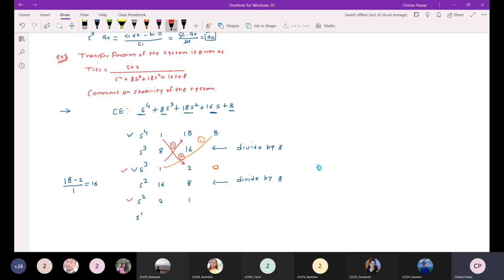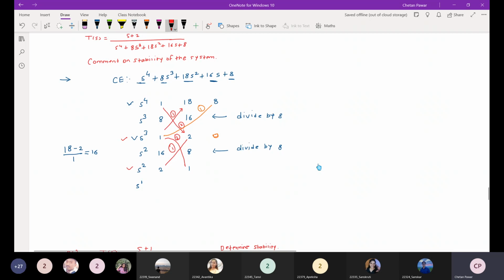Multiply this first and then this. Take a difference of that and divide by 2. So 2 into 2, 4 minus 1 divided by 2. So this will be 3 by 2. So I can directly put it as 1.5 here. Okay, so 3 by 2 means 1.5.